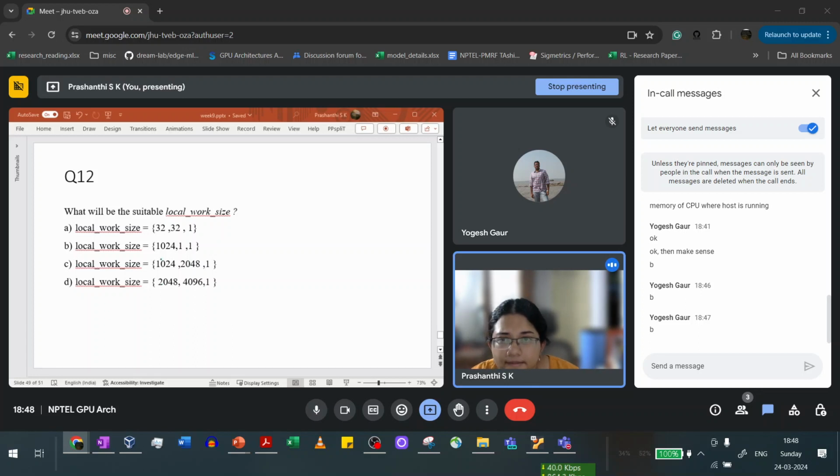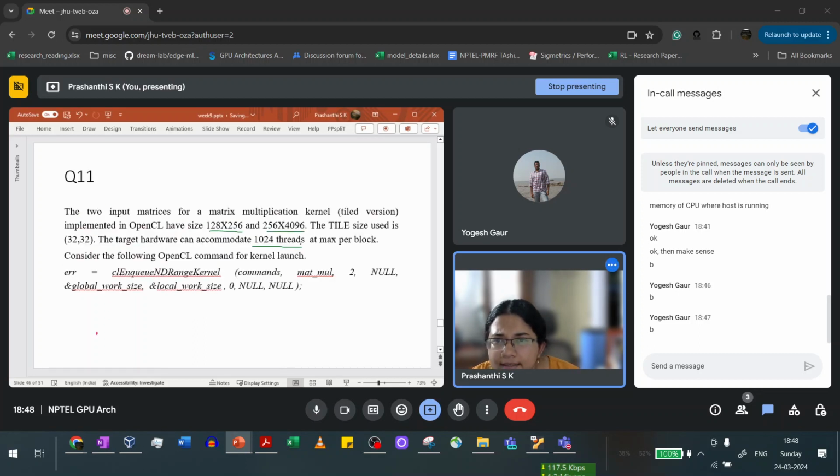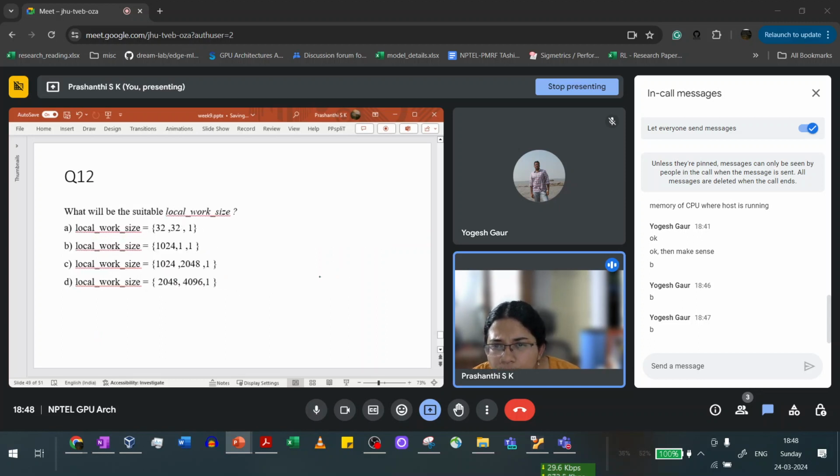Okay, we have an answer saying B, 1024, 1, 1. The answer given is 32, 32, 1. Now looking at the hardware constraints, the maximum is 1024 threads per block, so both A and B would be suitable options.